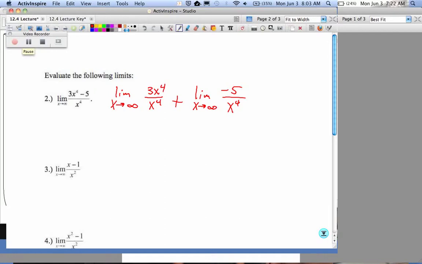But if you guys think back to the 2.6, 2.7 rules, all we're looking for is what's the size of the degree. So what happens when you have x to the 4th over x to the 4th? They're equal degree, right? So it's going to go to 3 over 1, or 3. What's going to happen when you have a 0 degree, the constant function, over the big degree on the bottom? 0. So 3 plus 0 is 3.